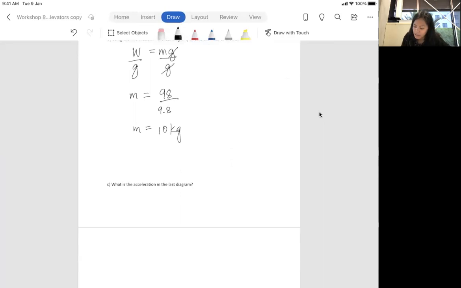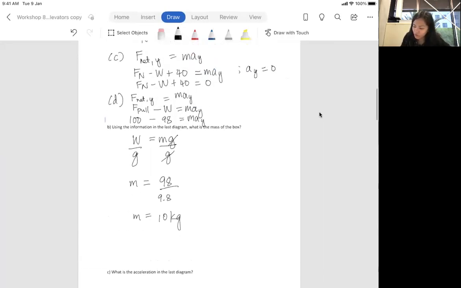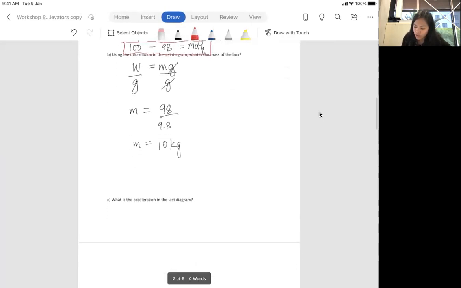Yep. Next, what is the acceleration in the last diagram? And we sort of started to work towards the acceleration already when we've written down Newton's second law of motion along the y. Yeah, we have pull force minus the weight force is equal to mass times acceleration along the y. We're given the pull force.